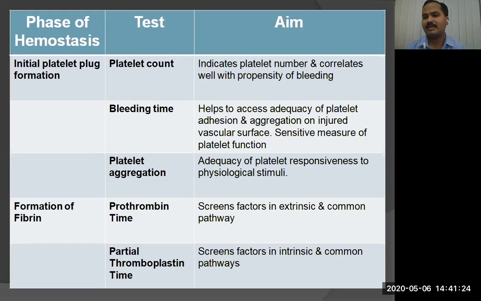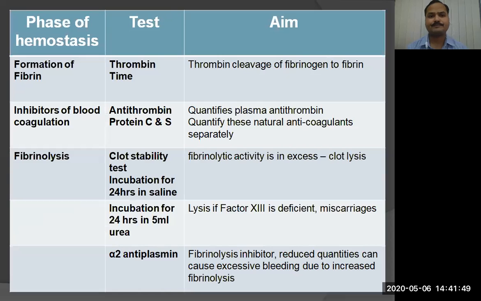Then for the formation of fibrin, the prothrombin time and partial thromboplastin time are the fibrin formation tests, where prothrombin time screens the extrinsic and common pathways, and the factors associated with these two pathways. Partial thromboplastin time screens the intrinsic and common pathways.